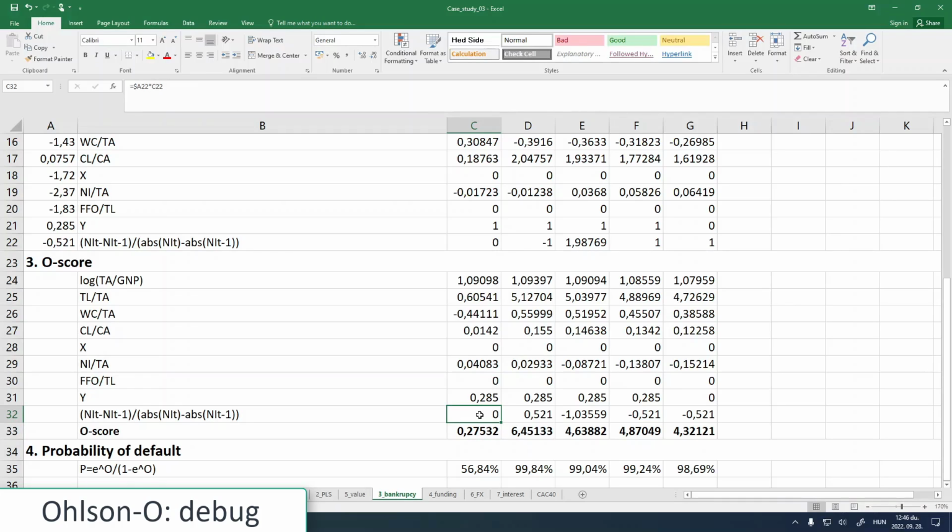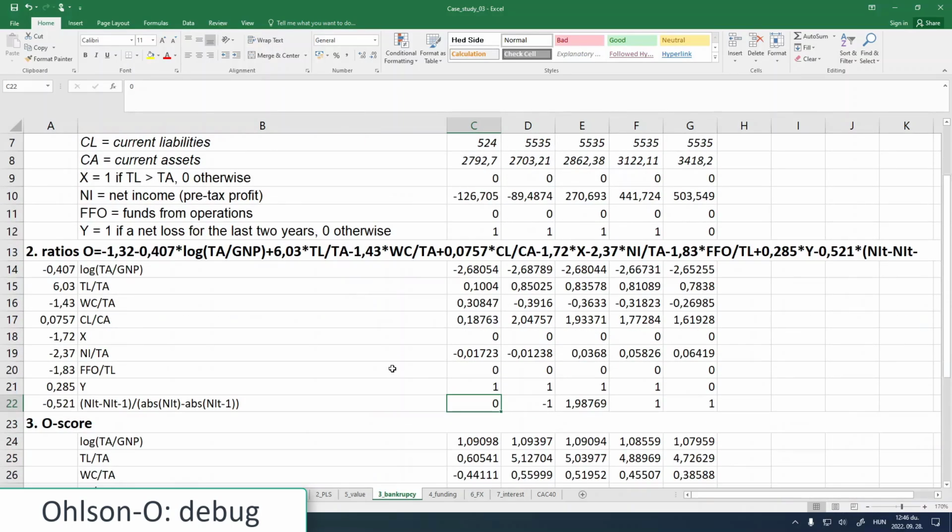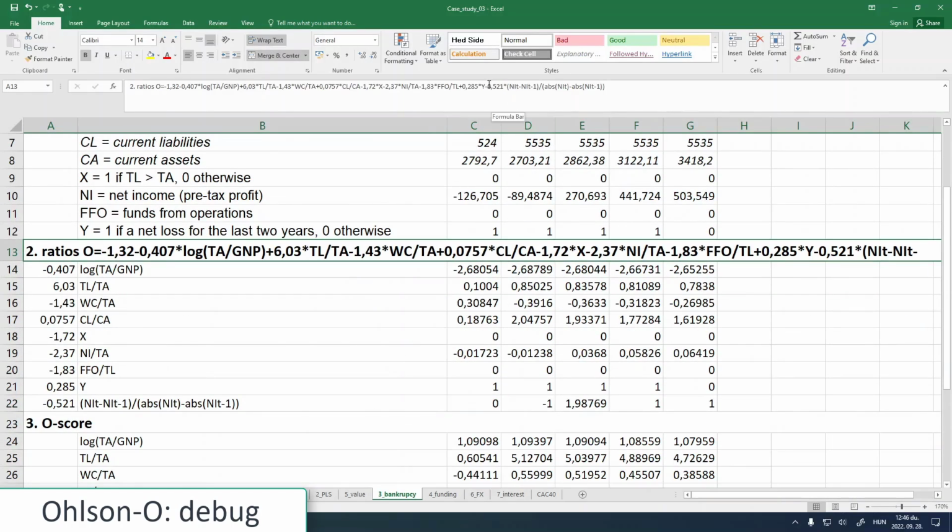The only number that is really low is this. So practically the time-related ratio of the pre-tax data is a problem for us, because it's also reducing significantly.